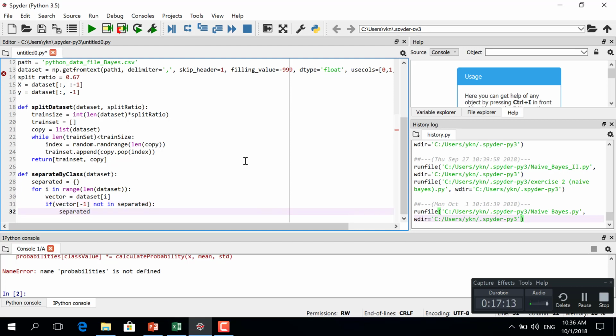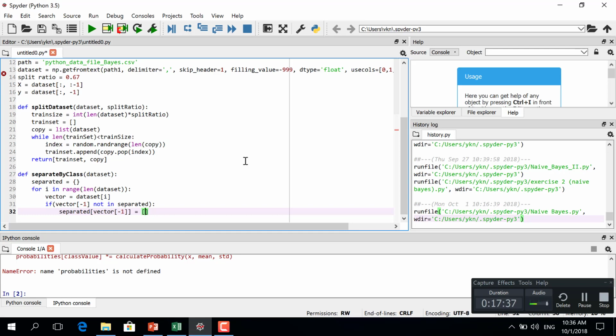Then separated factor -1 equal to the bracket.